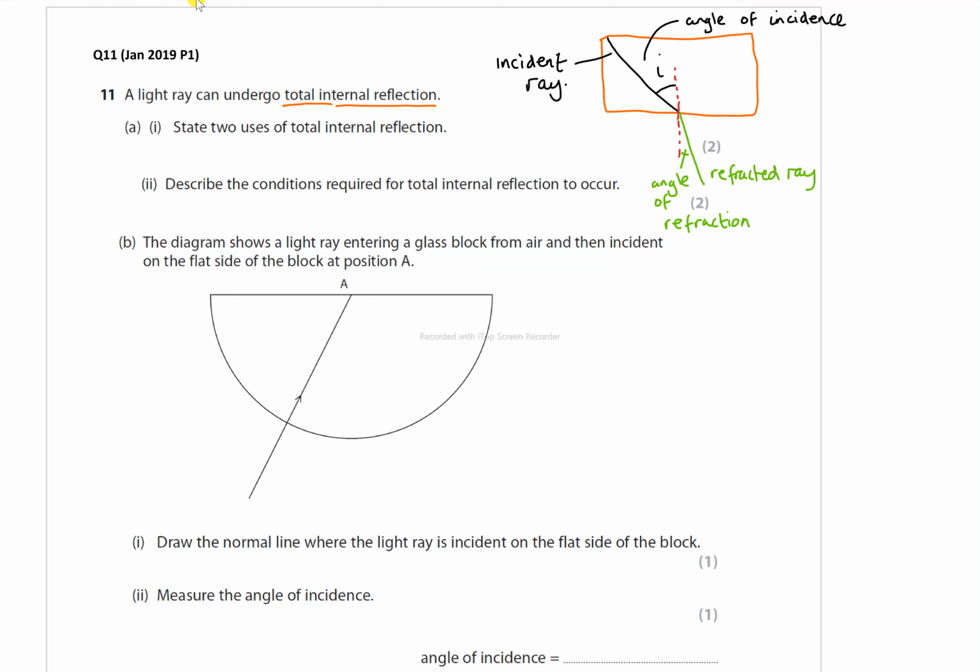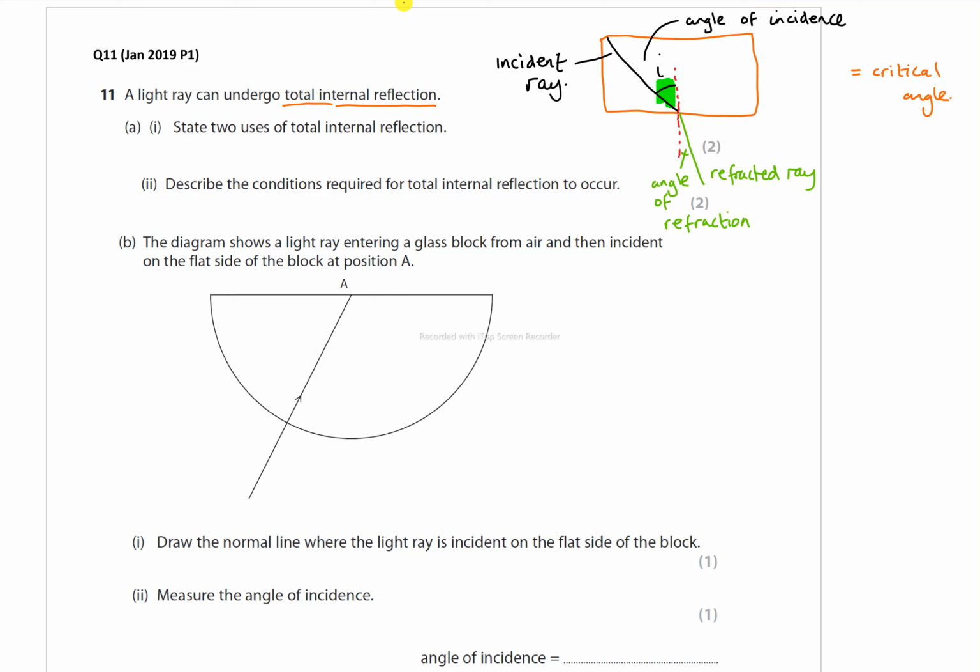Right, okay. Now, if this angle here is equal to the critical angle, that is where total internal reflection occurs.